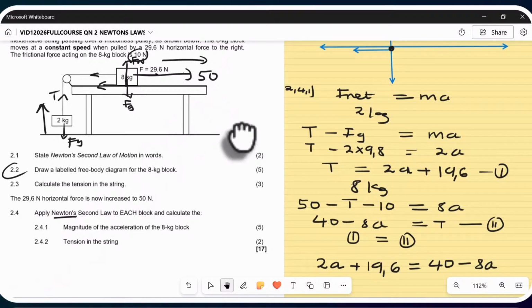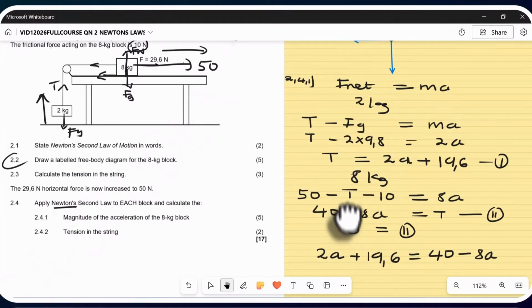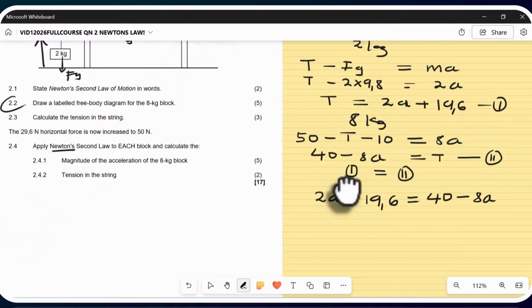On that side, 40 minus 19,6, and then divide by 10.